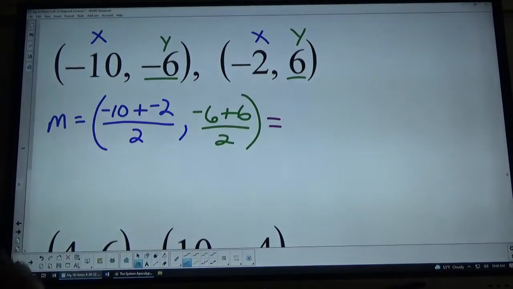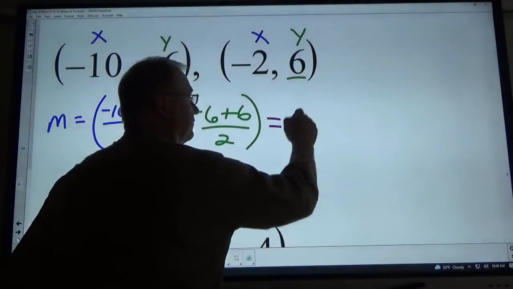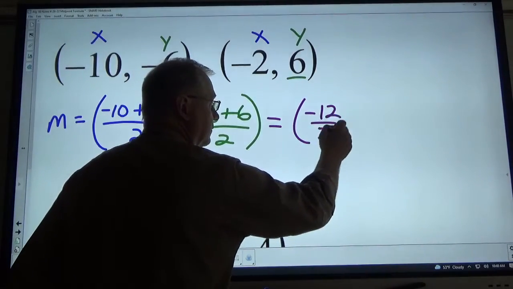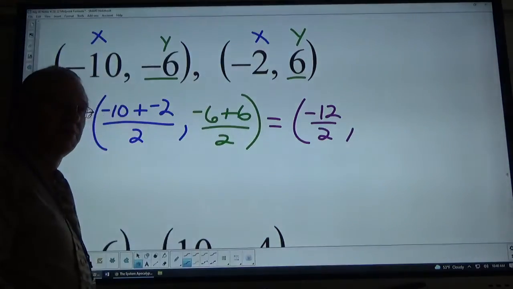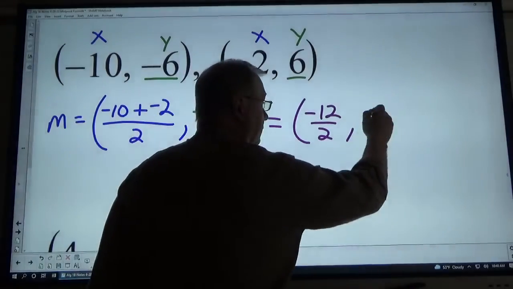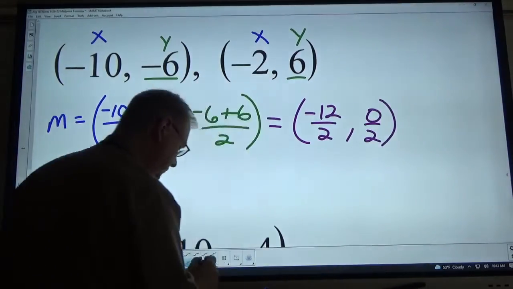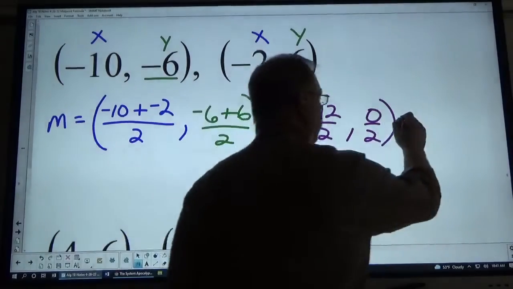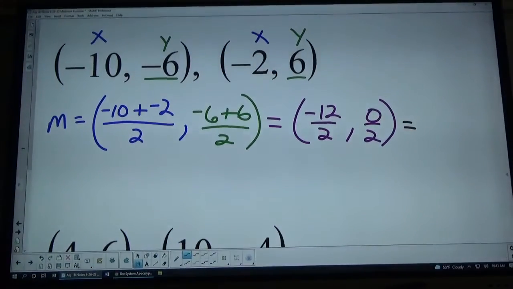Well, negative 10 and negative 2 make negative 12. Negative 6 and positive 6 make 0. So our final result here, when I simplify, is negative 6, 0. Because when you divide 0 by something other than 0, you get 0.